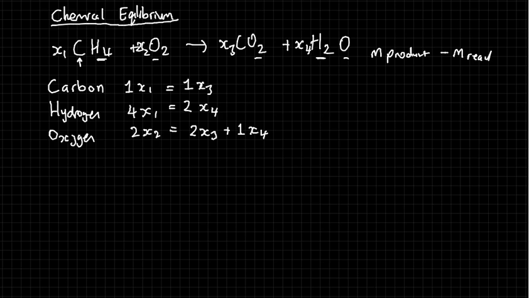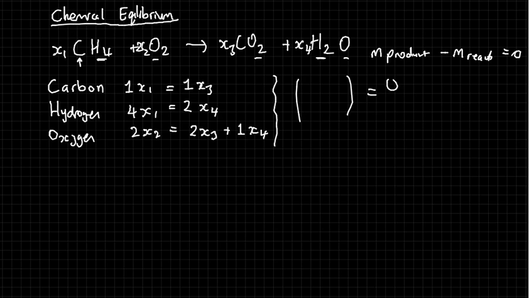So basically we've got conservation of mass, and conservation of mass means that the mass of the products minus the mass of the reactants is going to equal 0. And so that's what we're expecting. We're not creating any mass and we're not destroying any mass. In this reaction we've got mass conservation.